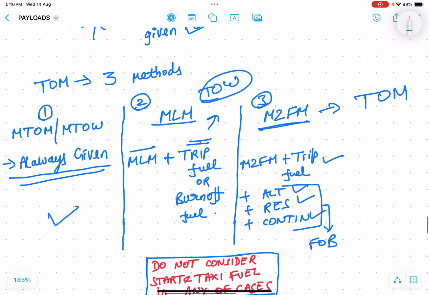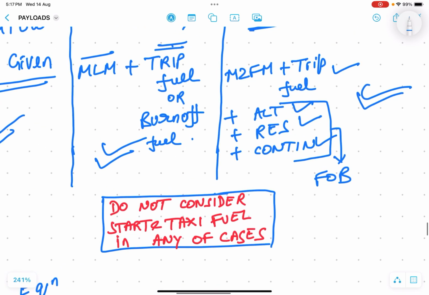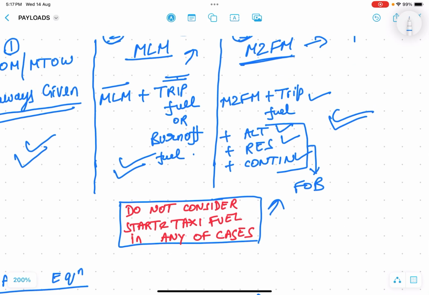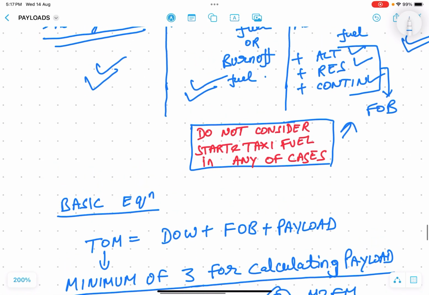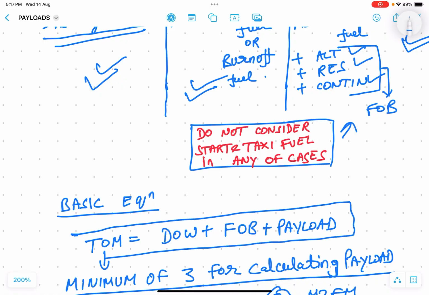Right? So these are all nothing but takeoff mass, and please do remember, do not consider start and taxi fuel in any of these cases. Do not add taxi and start fuel in any of these three methods. So again, back to our basic equation, takeoff mass is equal to dry operating weight plus fuel on board plus payload.